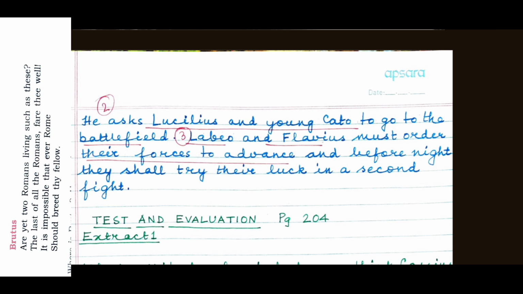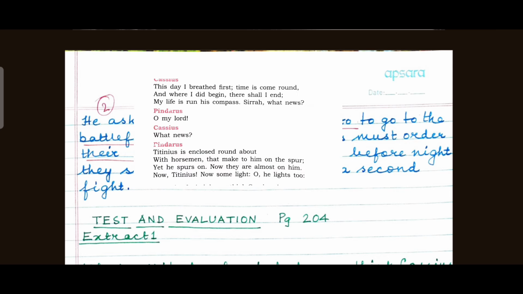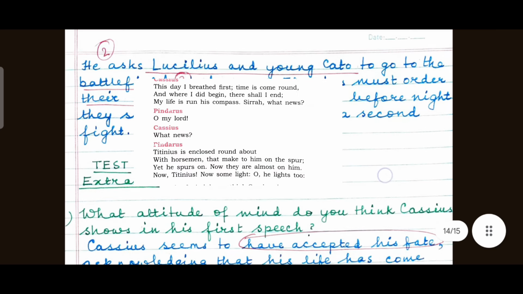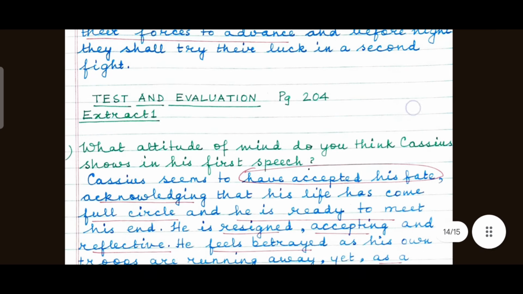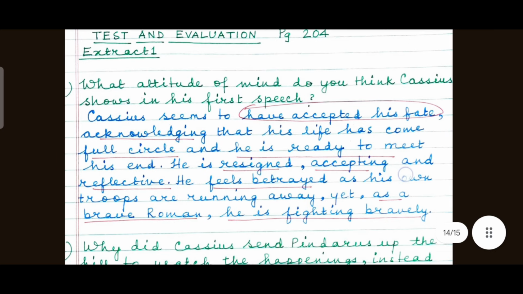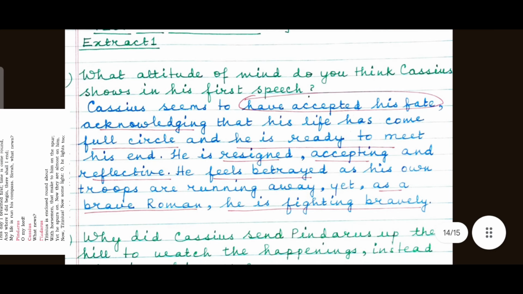And dear students, now it's time for us to go through the test and evaluation passages. Morning Star Workbook, page number 204, extract 1. What attitude of mind do you think Cassius shows in his first speech?